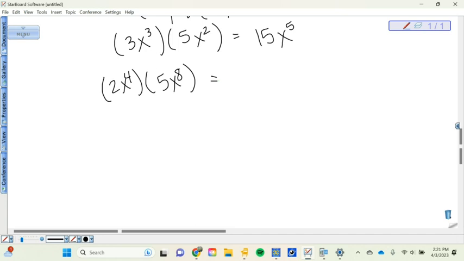Here. Not quite. So 2 times 5 gives us 10. And then what do I do with these x's?